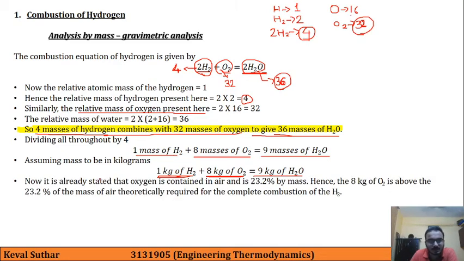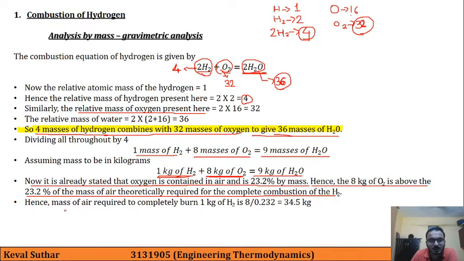And here it is already stated that oxygen is contained in the air and it is 23.2% by mass. Hence 8 kg of O2 is about 23.2% of the mass of air theoretically required for complete combustion of H2.